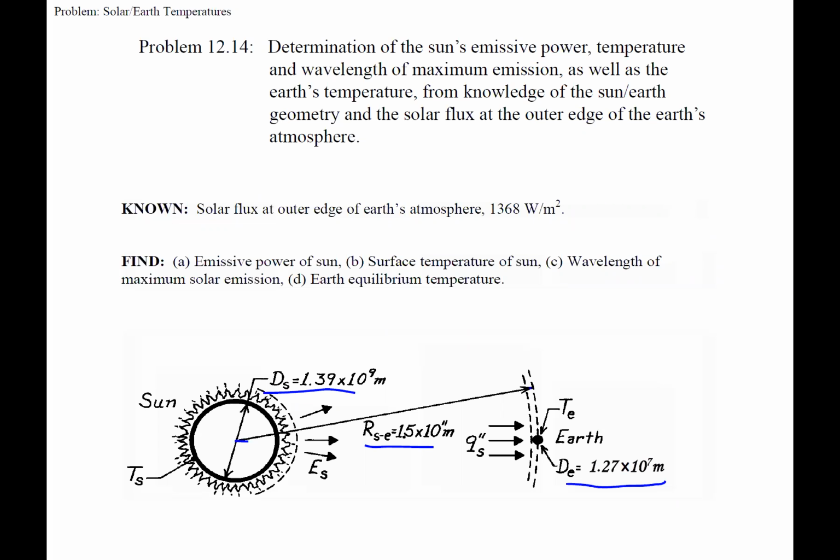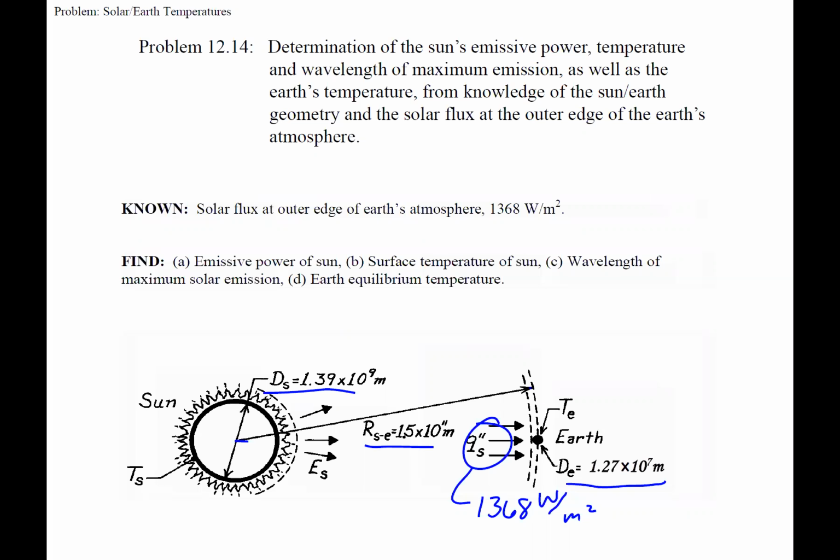The other thing they gave us was the solar radiation on the outside of the Earth's atmosphere, this value, 1368 watts per meter squared. So I think that's everything. And then they have some assumptions that will play in as we go.